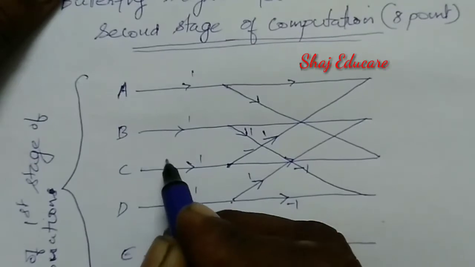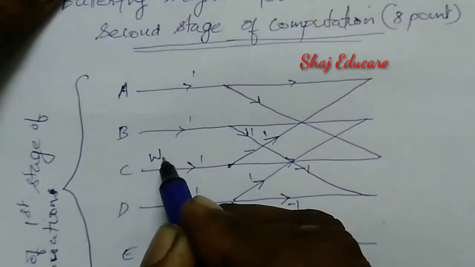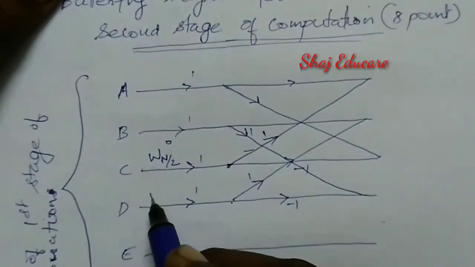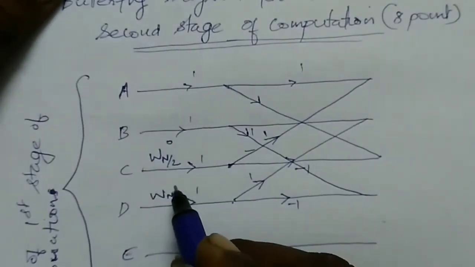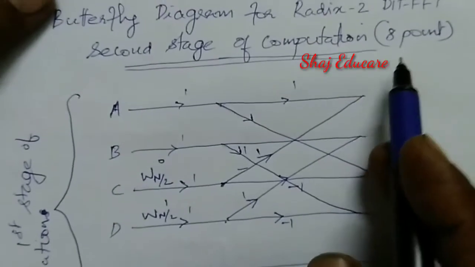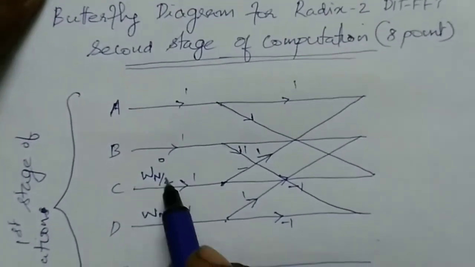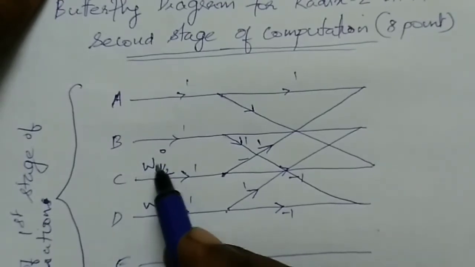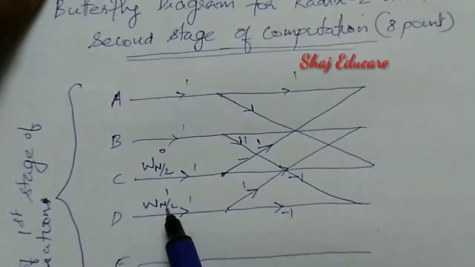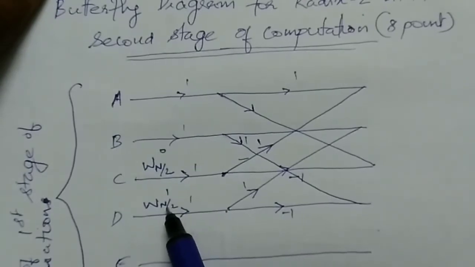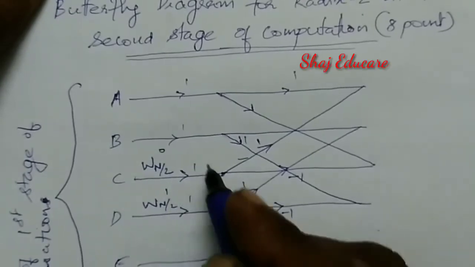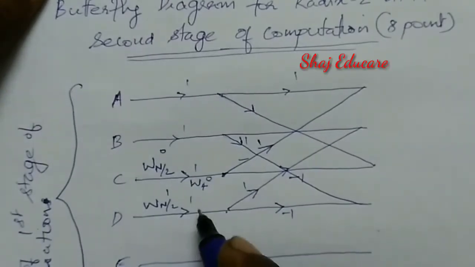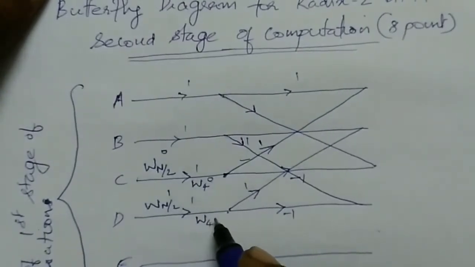This is W_(N/2) raised to 0, and this is W_(N/2) raised to 1.